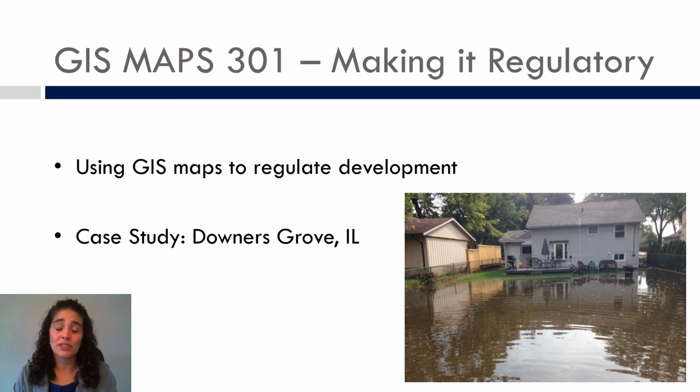Why? Well, as you know, regulation is very political and contentious. You're going to have to prove to your board that it is a useful and necessary means of protecting constituents from flooding. Also, by having the maps as a reference back as discussed in Level 101 or to guide important capital improvement plans discussed in 201, you're creating a vocabulary that the politicians and residents and businesses get used to hearing.